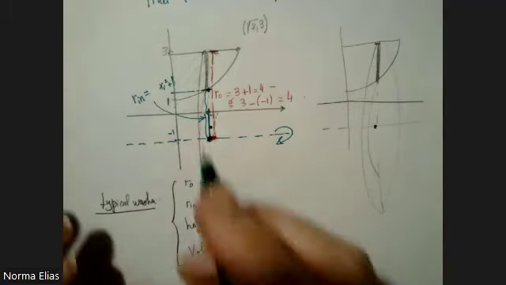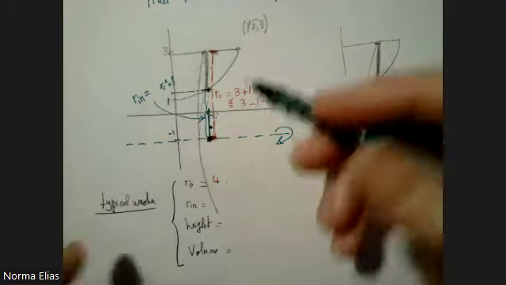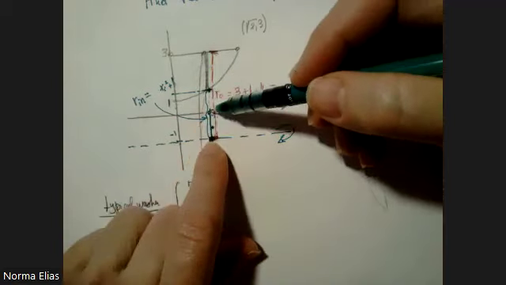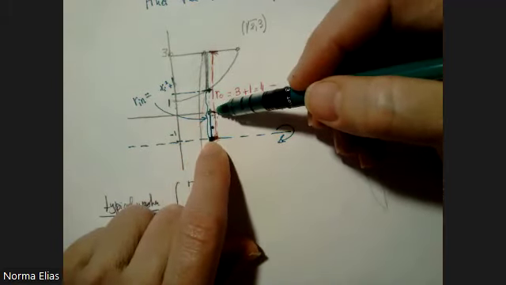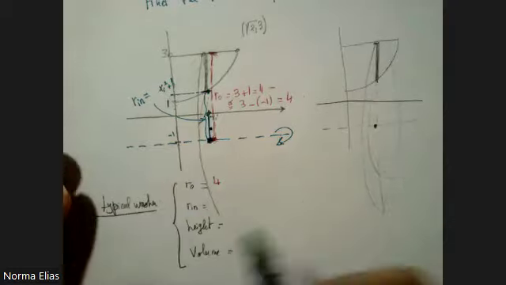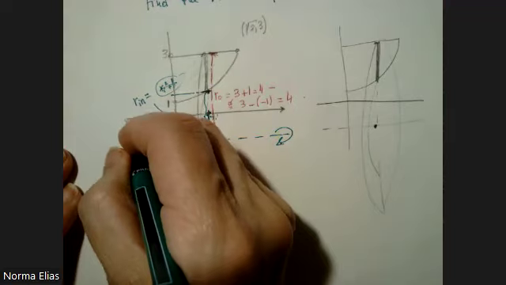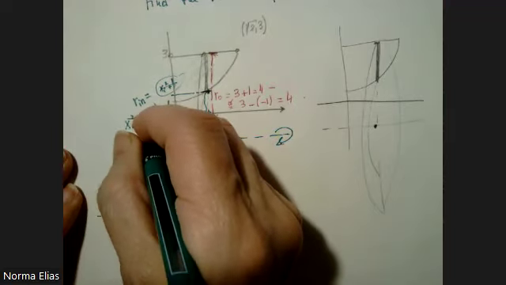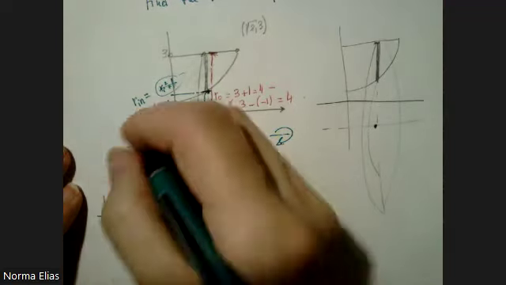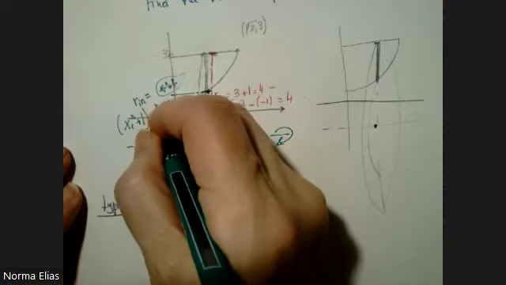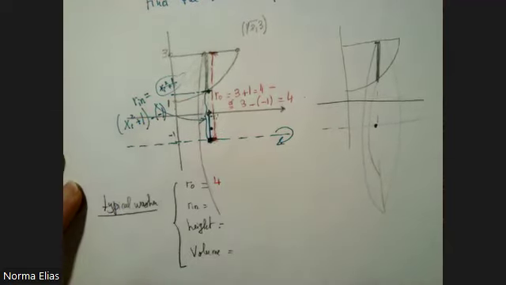So the inner radius is going to be, geometrically, xi squared plus 1, and you add 1 to it. Or another way you can say the inner radius is going to be equal to the upper value, which is xi squared plus 1, minus the lower value, which is negative 1.